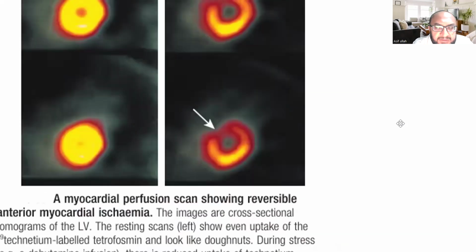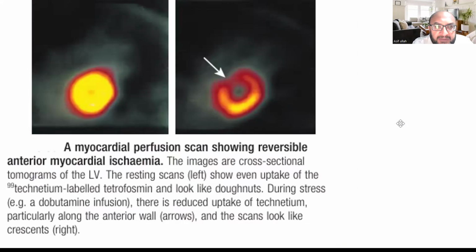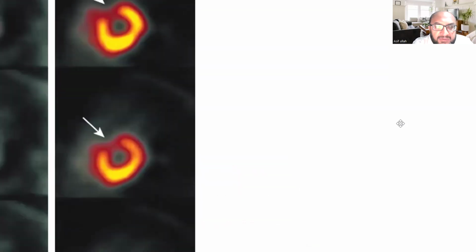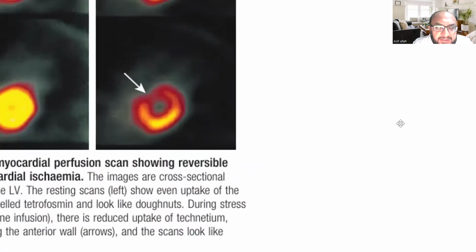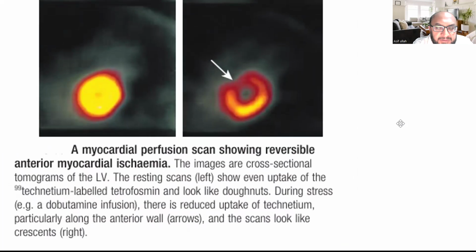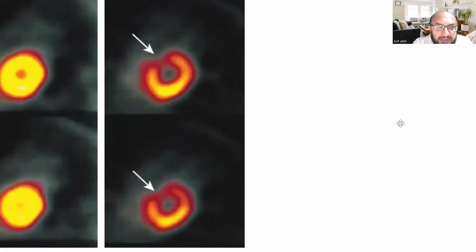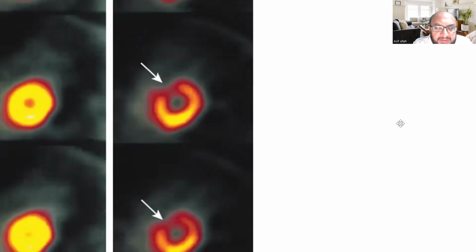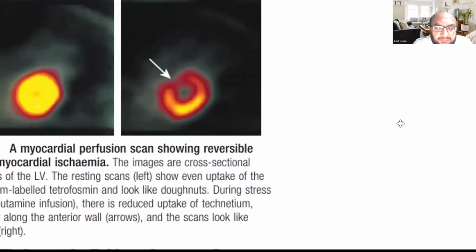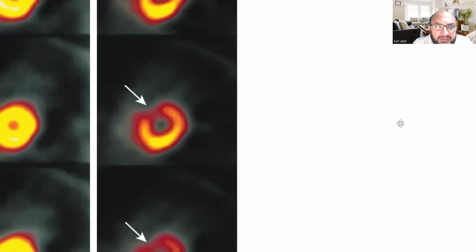But during stress, when dobutamine infusion was given, you can see there is a reduced uptake of technetium along the anterior wall. And these look like crescents.